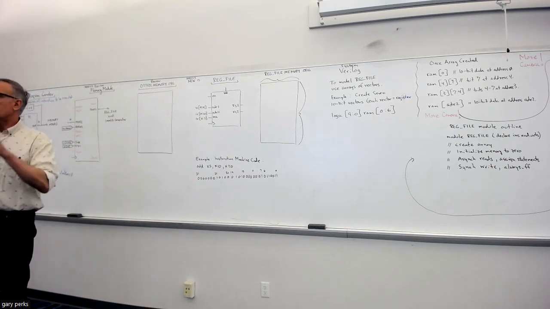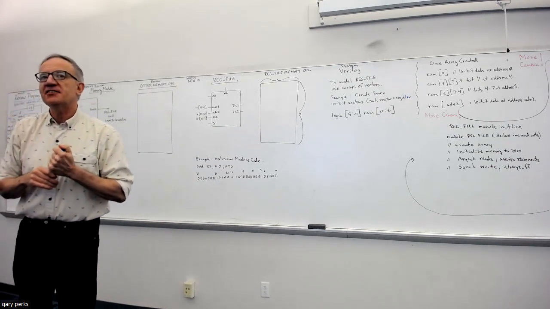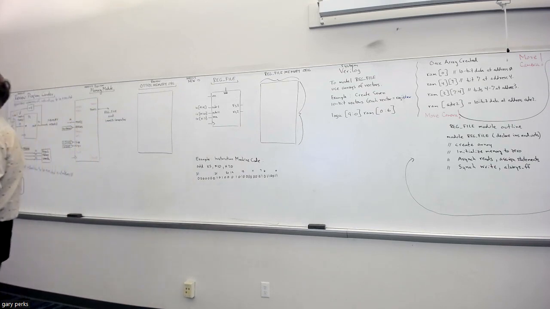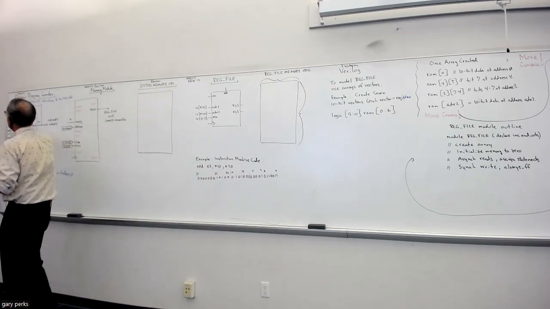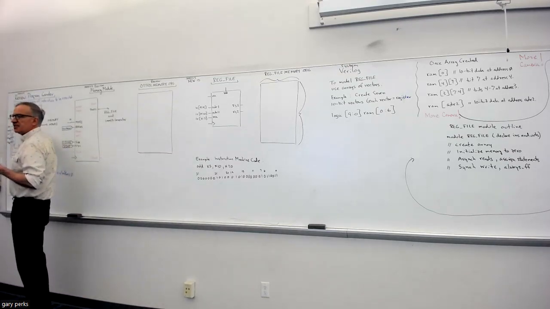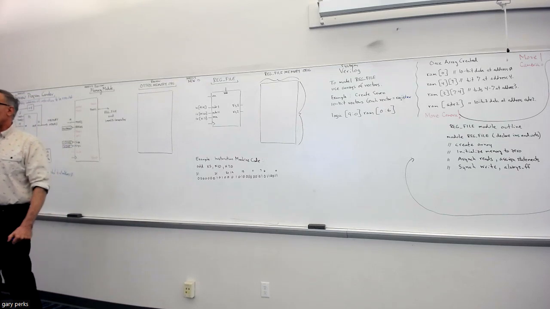It's actually not a very complicated state diagram. There's not that many states. But one of those states is called the initial state, and in that initial state, that's where reset gets the value 1.